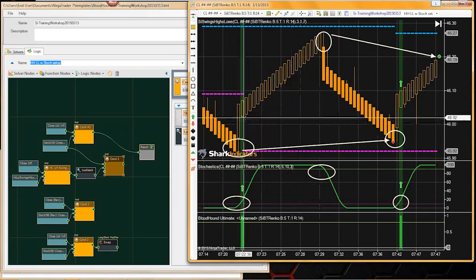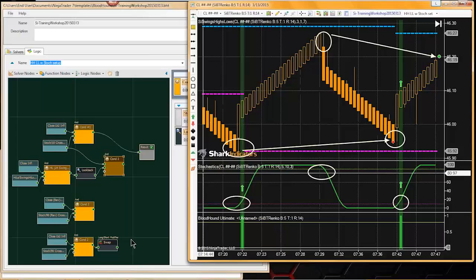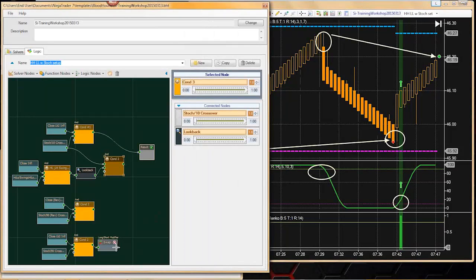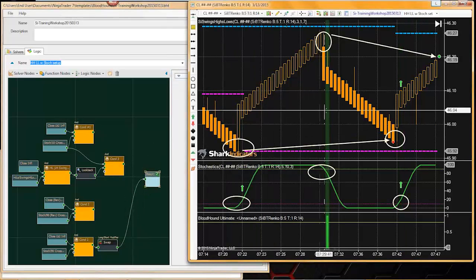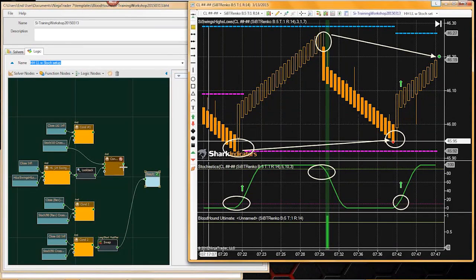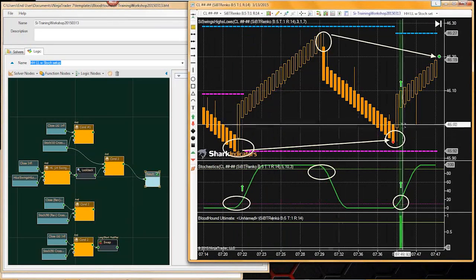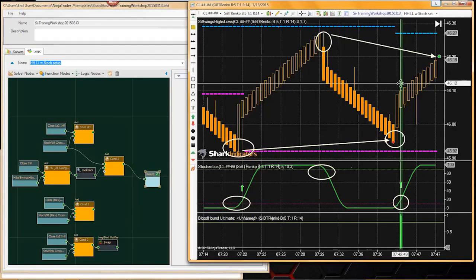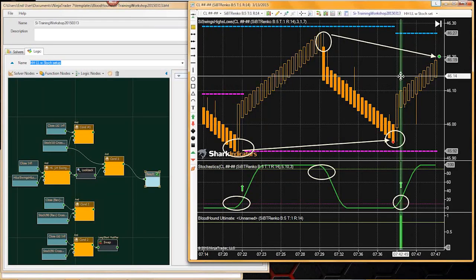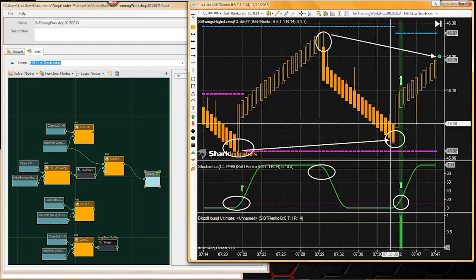So we have condition 1, and we have condition 2 built, and now we have condition 3 built. So now we need to string them all together so that we actually get an output on this last bar here, right? This last bar where that actually gives us the trade signal.